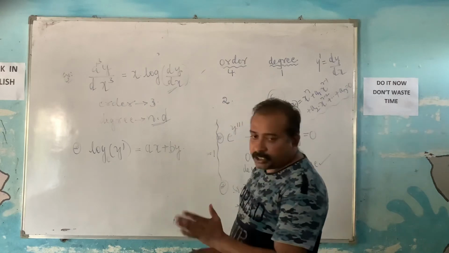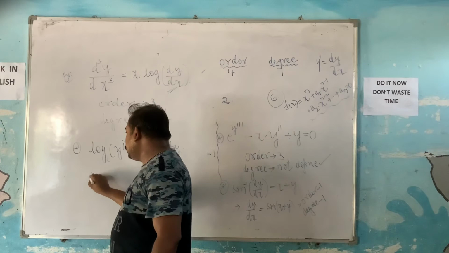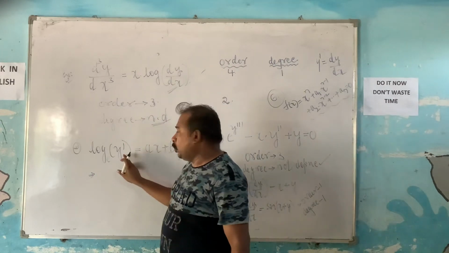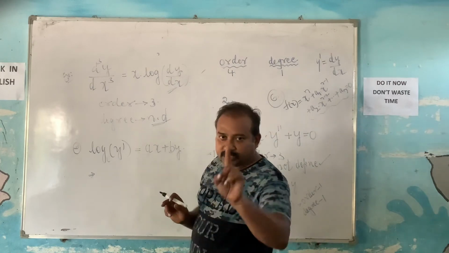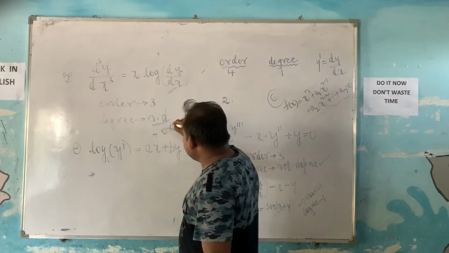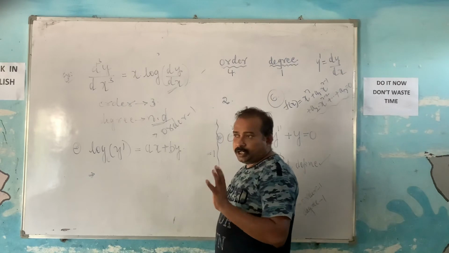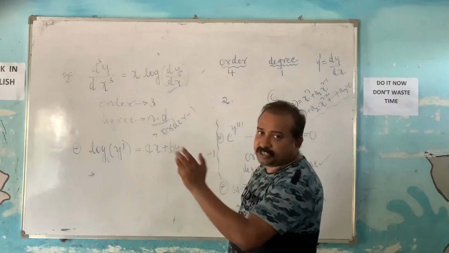What is the order and degree of the differential equation? For this one, y dash is the highest derivative involved in this differential equation, so directly you can say order is equal to 1. Then what about degree? In order to find the degree, we have to modify the given differential equation.